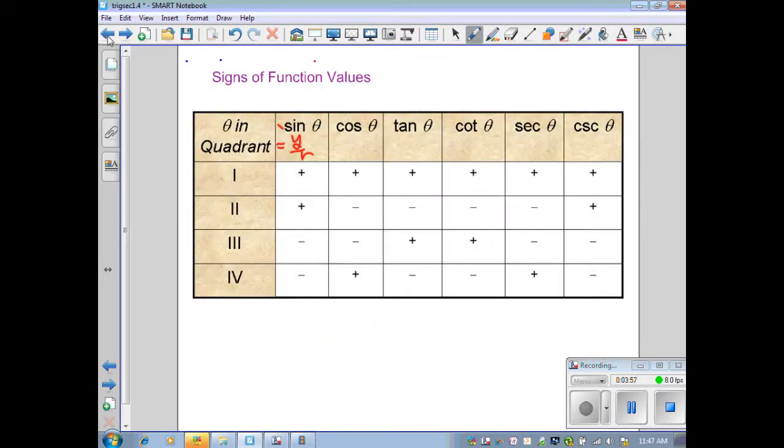Referring back to the diagram, in quadrant 3, I'm still y over r since it's sine theta. I'm given a negative y over a positive r. Negative divided by a positive gives me a sine theta that will be negative in quadrant 3.